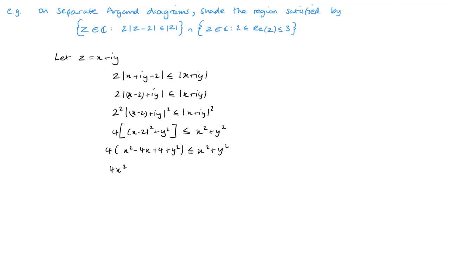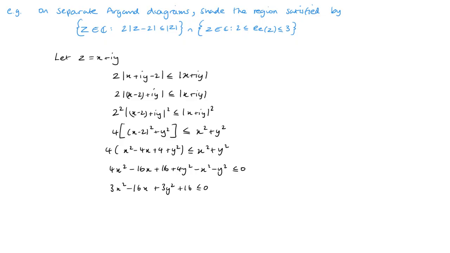So 4x² − 16x + 16 + 4y² − x² − y² is less than or equal to 0. So 3x² − 16x + 3y² + 16 is less than or equal to 0.